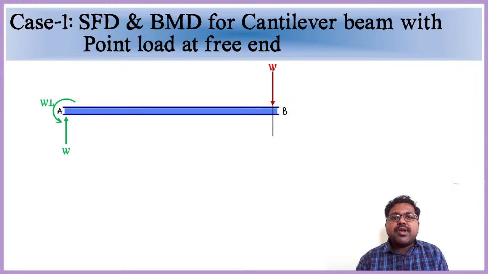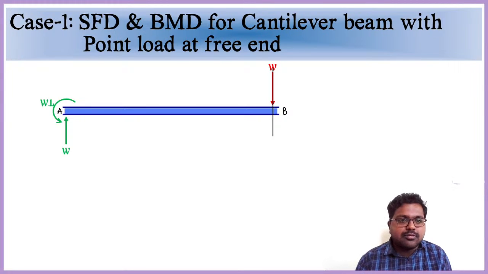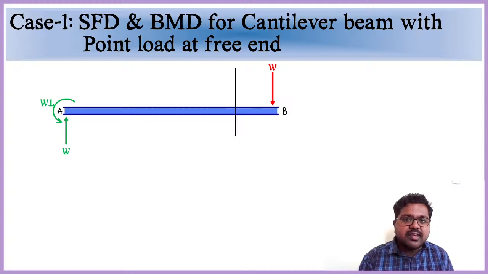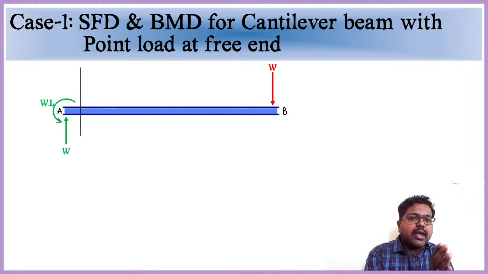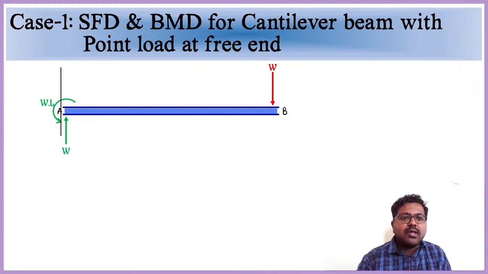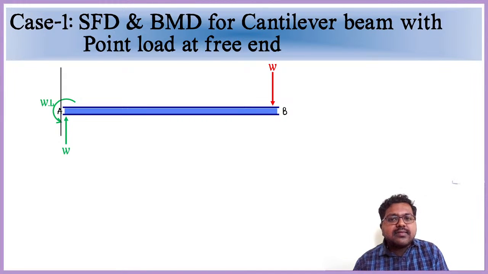Then I need to verify the shear force and bending moment at all cross sections throughout the beam. So I will start at B, which is the right end. From here I will start verifying the shear force and bending moment in all the cross sections up to end A. Right. So here I considered from right hand side.